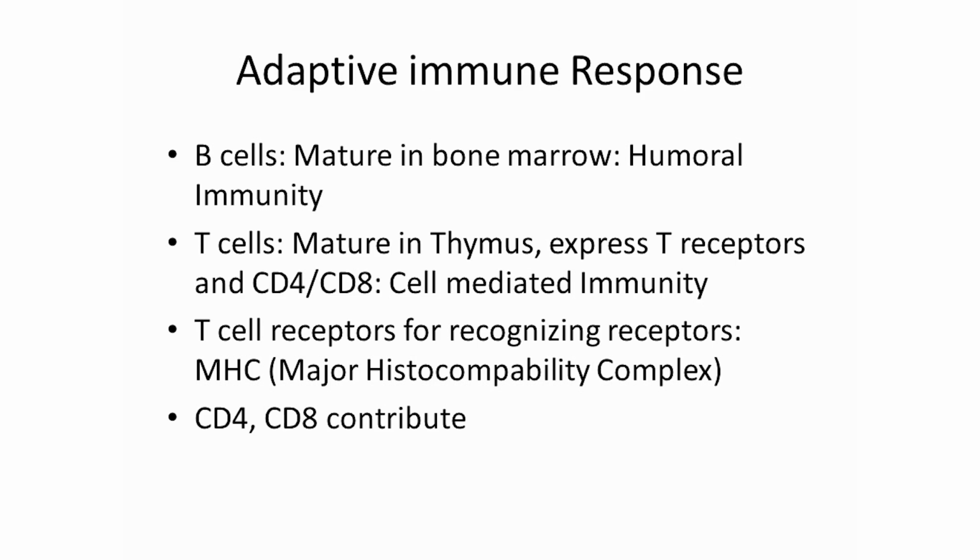There are CD4 and CD8, and that is cell-mediated immunity. Another important part in the adaptive immune mechanism is MHC, the major histocompatibility complex. And as we all are aware, CD4 and CD8 were the watchwords in the HIV era. So CD4, CD8, that is what we do, the ratio and everything, in our clinical practice. So this is the differentiation of T cells only.